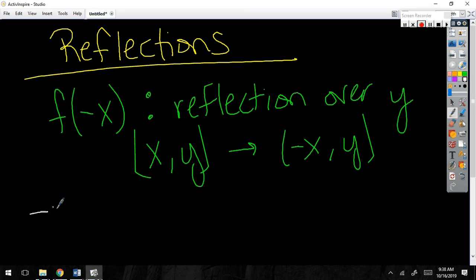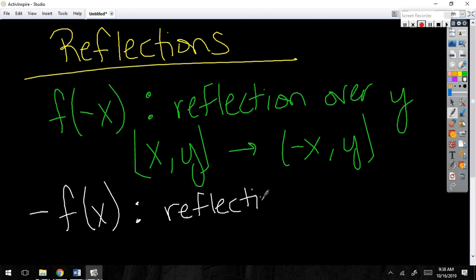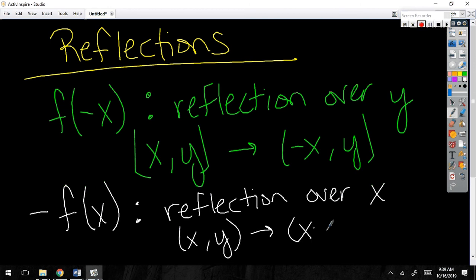Now, if the whole function is negative in front, so if I negate everything, that's a reflection over x. So my x would stay the same, but my y is going to change signs.